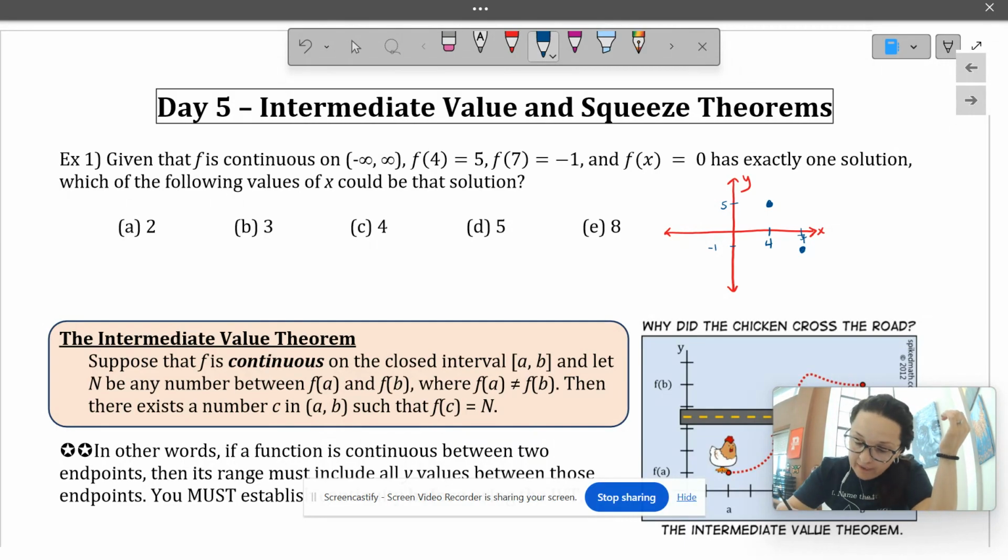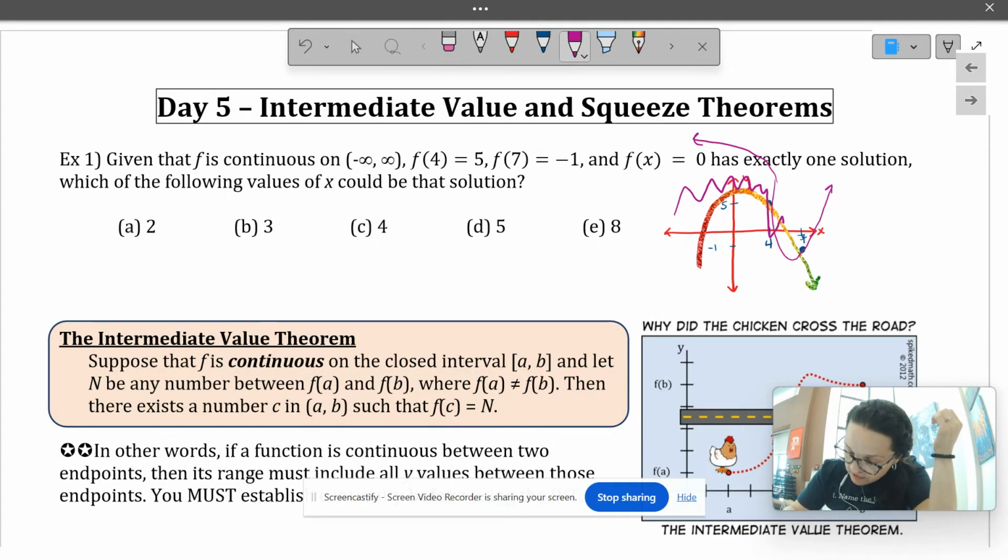So I could connect these dots in this way. I could connect these dots that way. I could connect these dots like this. I've got all kinds of continuous things that I could sketch in here. All right.